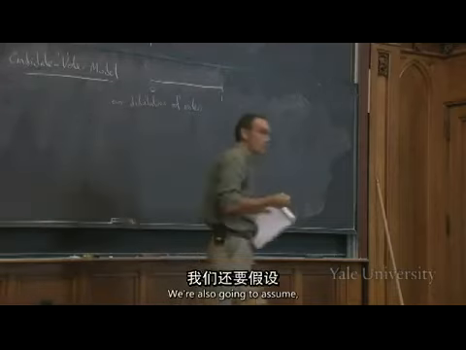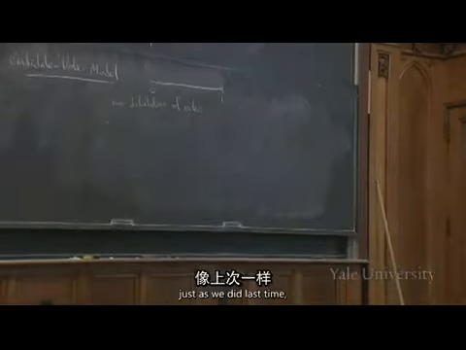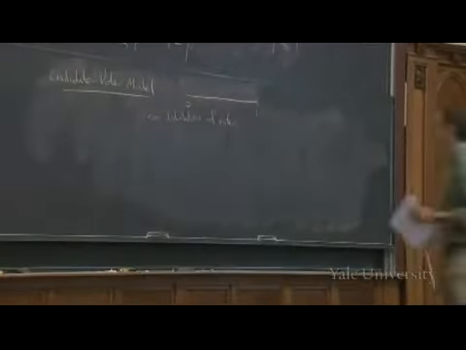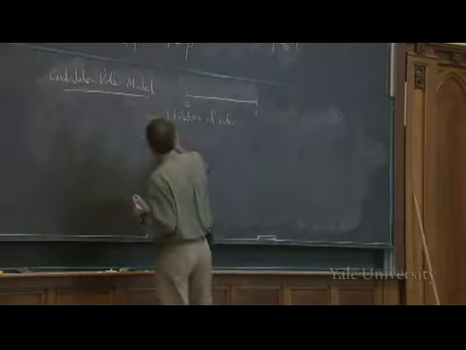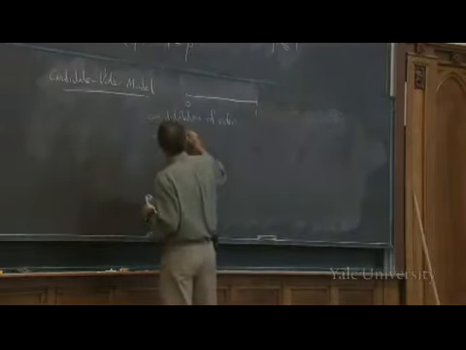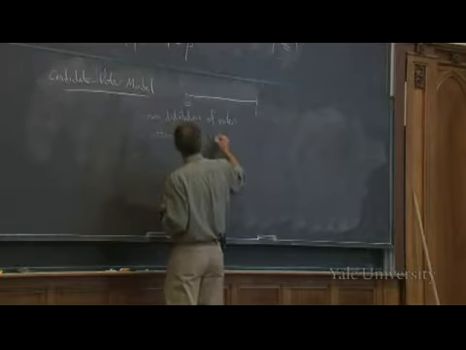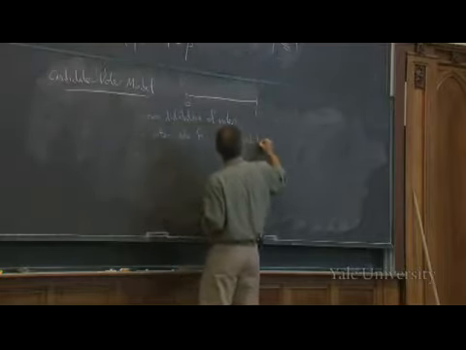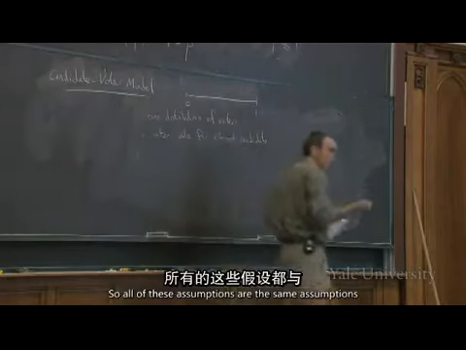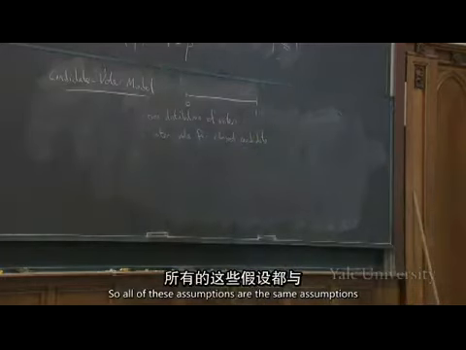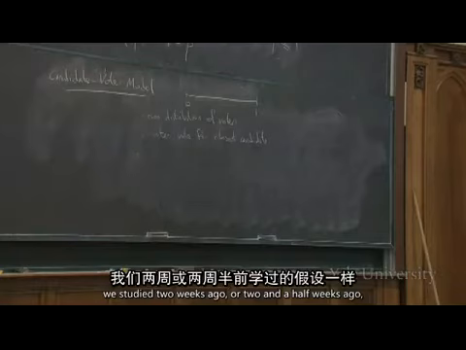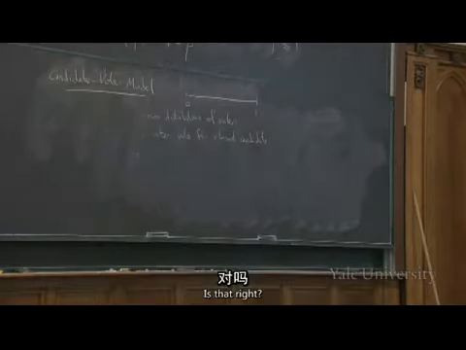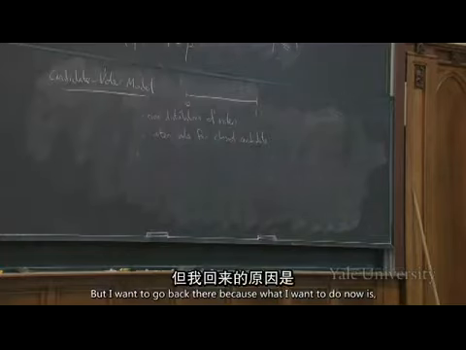And we're also going to assume, just as we did last time, that voters vote for the closest candidate. All of these assumptions are the same assumptions we studied 2.5 weeks ago, and which you actually studied in your first homework assignment.